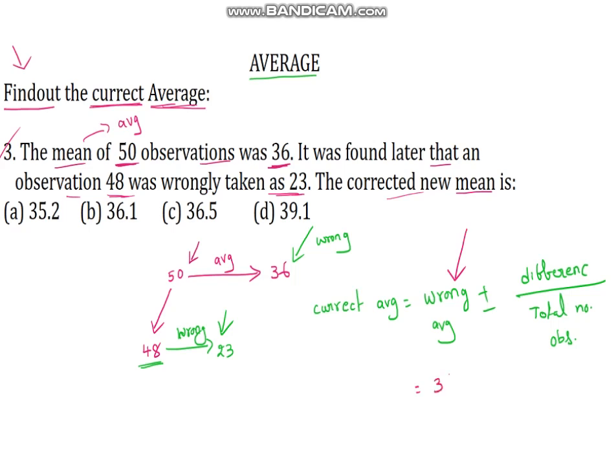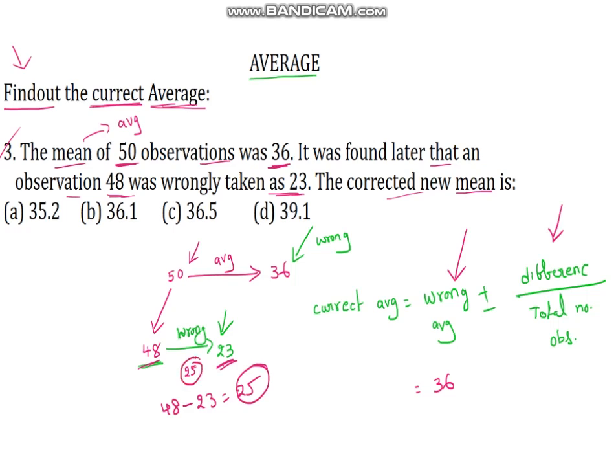Difference, what is the difference? See here, in place of 48, they have taken 23. So how much must be added to 23 to get 48? 48 minus 23 is equal to 25.